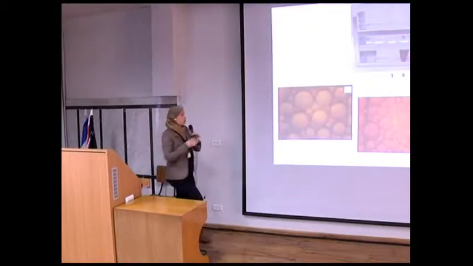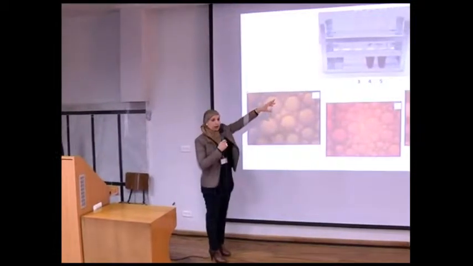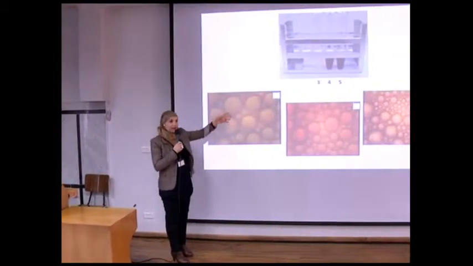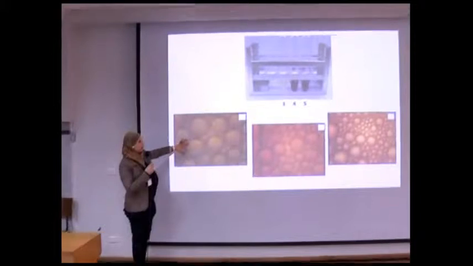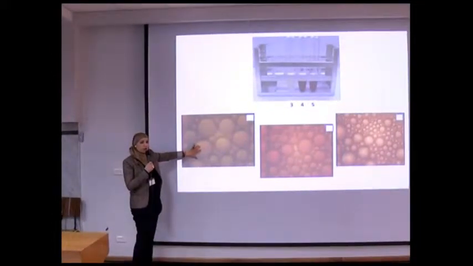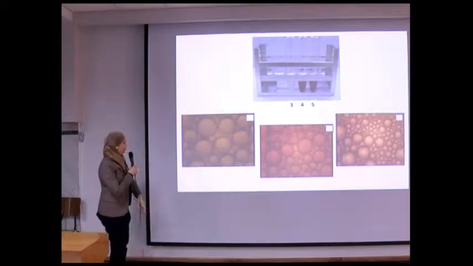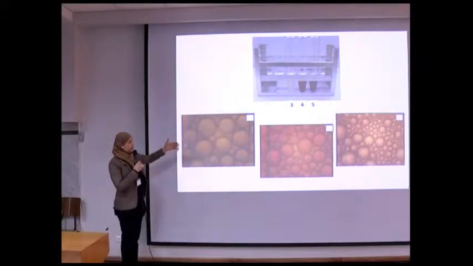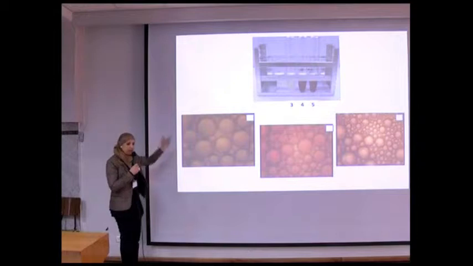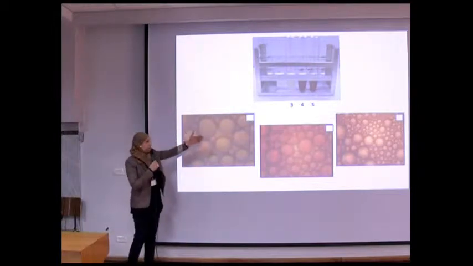We get 3 solutions, 2 of which are red-colored because of the dye that we add. But when viewing by the optical microscope, we see that there is a difference in the interior structure of these 3 solutions.